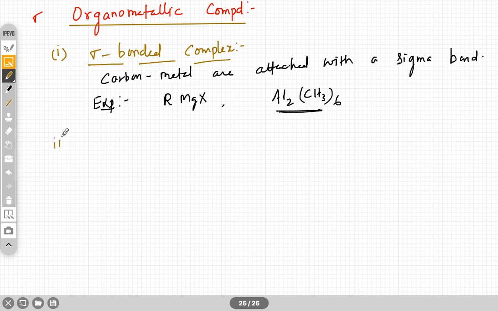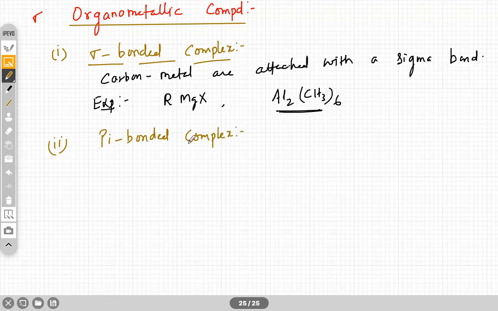The next type we have is the pi bonded complex. In a pi bonded complex, obviously pi electrons are involved with the metal.